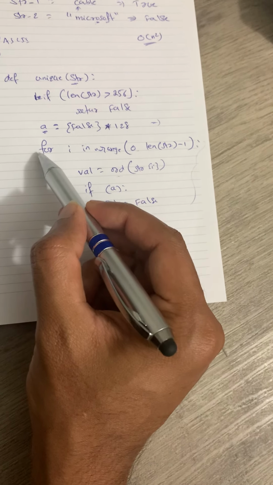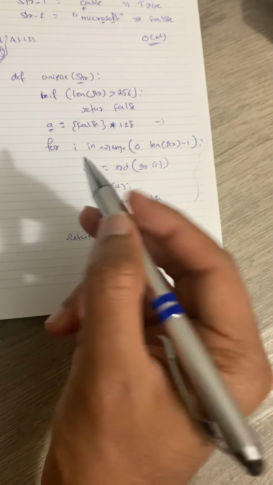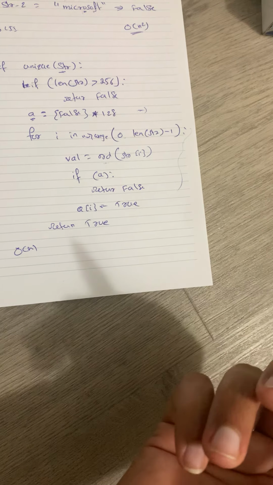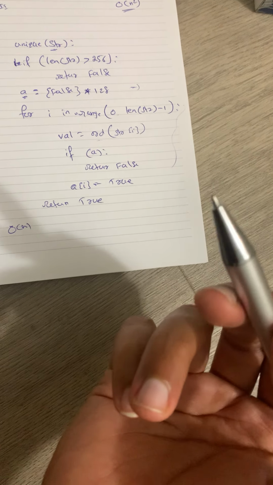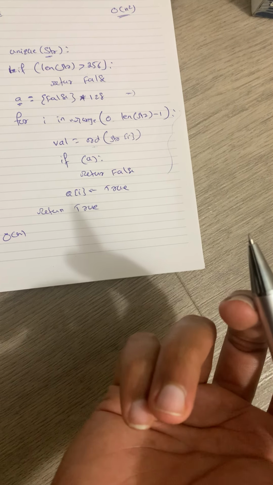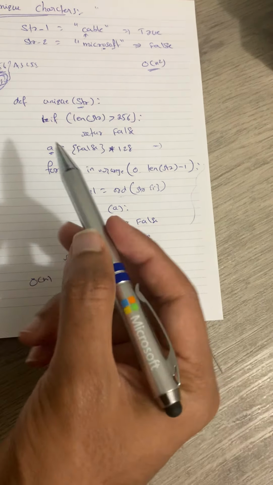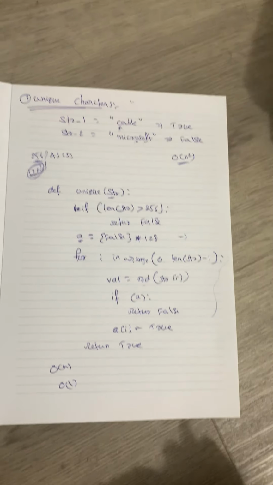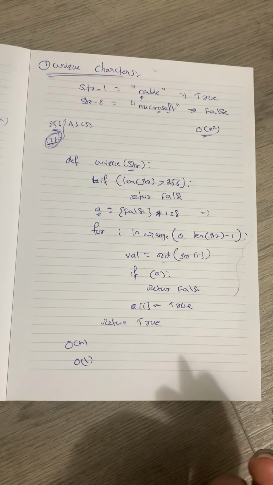We are using only one iteration here, so the time complexity is going to be big O of n. We are not using any extra space other than constant variables, so it's going to be big O of 1 space complexity.